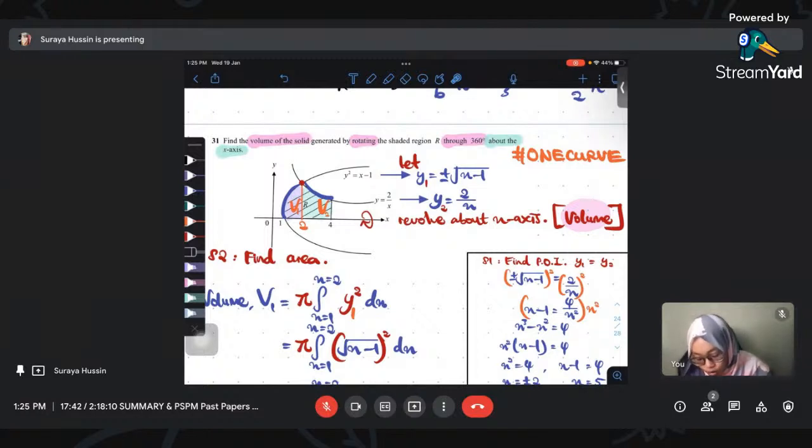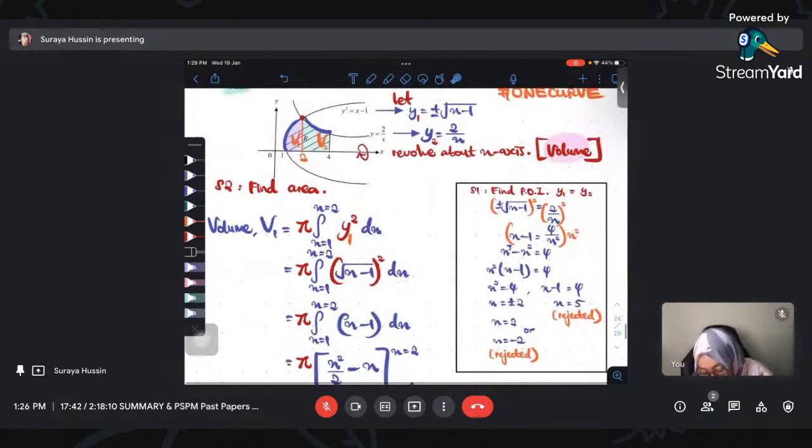Tapi kena ikut dia punya environment, ikut dia punya situation. Situation dekat sini hanya satu curve sahaja yang perlu dicari untuk satu bahagian region. Another bahagian region is where you need only one curve. Right? So the case is one curve lah.